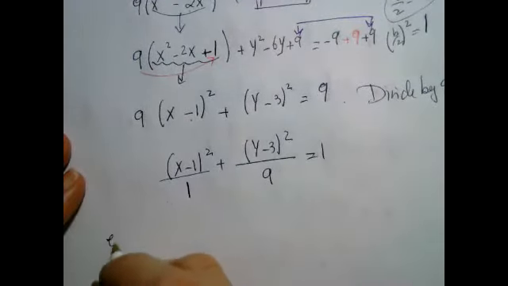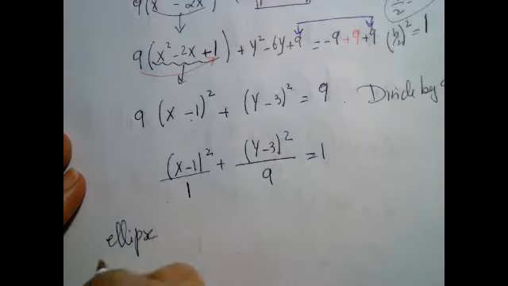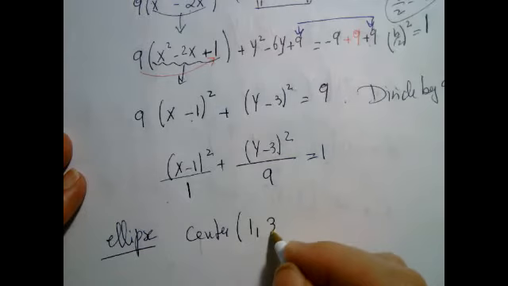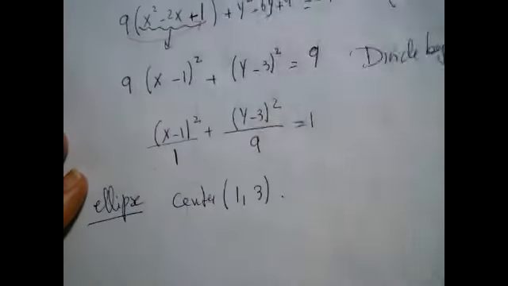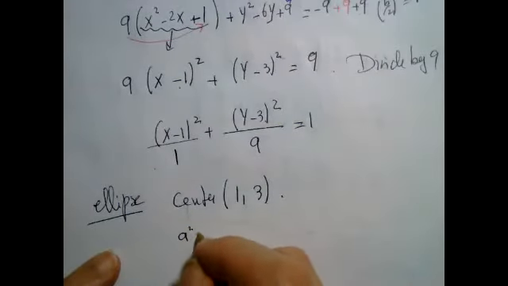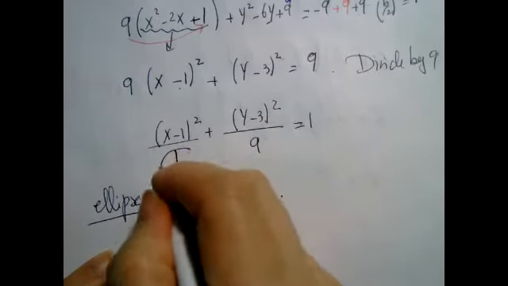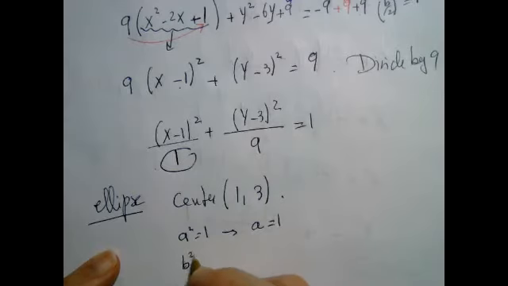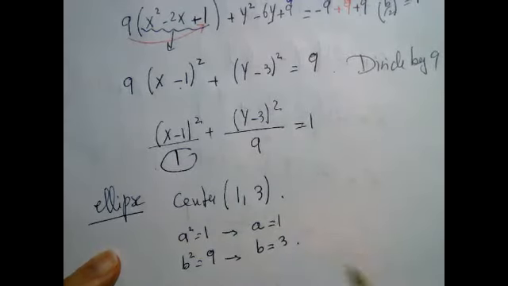So now that's an ellipse. That's the equation of an ellipse. The center is going to be 1, 3. My a square is the 1. That's the a square. It means my a is 1. My b square is the 9. It means my b equal to 3.